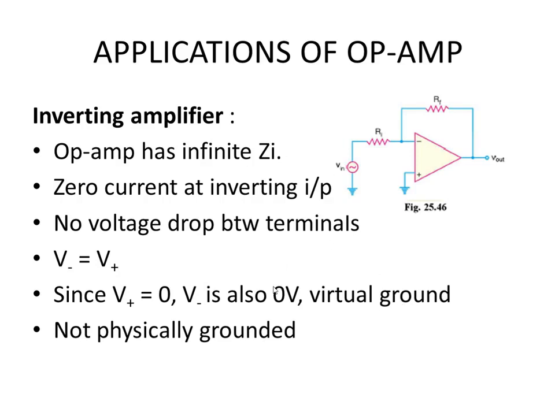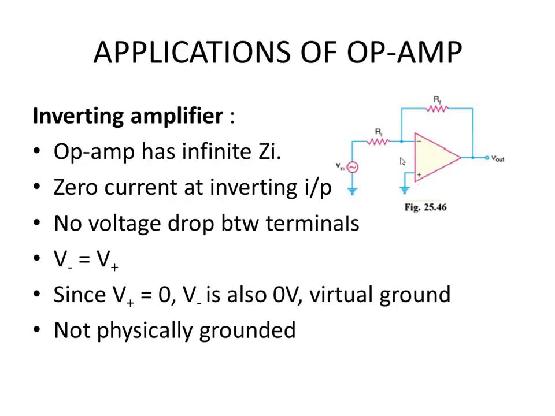So in an inverting amplifier, there will be a virtual ground at the inverting terminal. Clear? This is a very important point when we are discussing operational amplifiers. In an inverting amplifier, due to the presence of infinite input impedance, there will be no voltage drop.